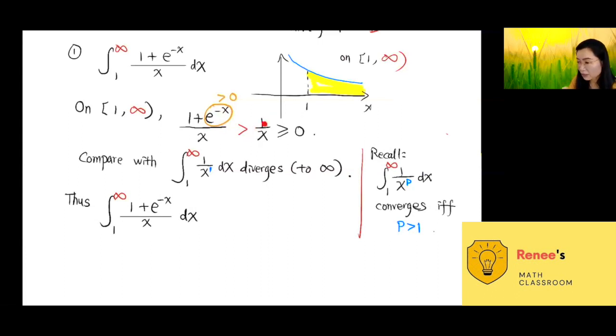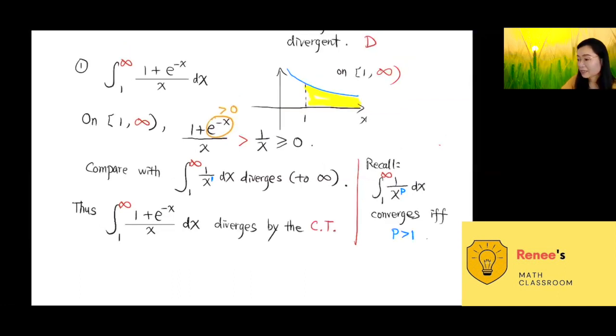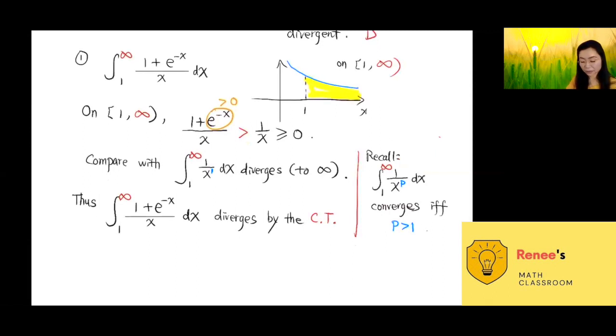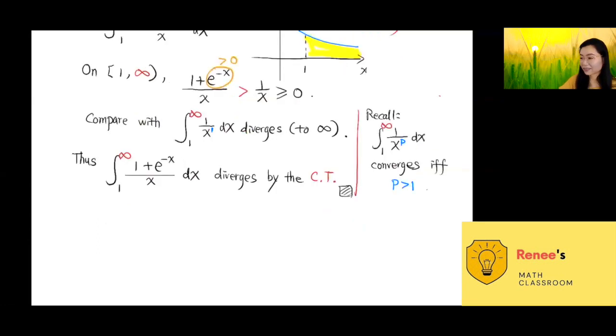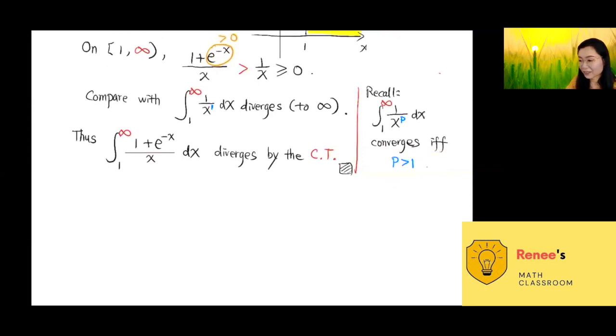So if the integral of this lower function is divergent to infinity, then the integral of this top function will be divergent and diverge to infinity also. So we have just proved this. This improper integral here is divergent by the comparison test.